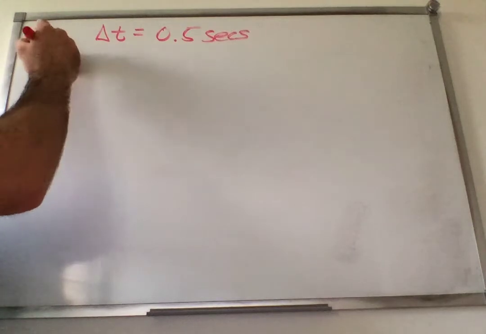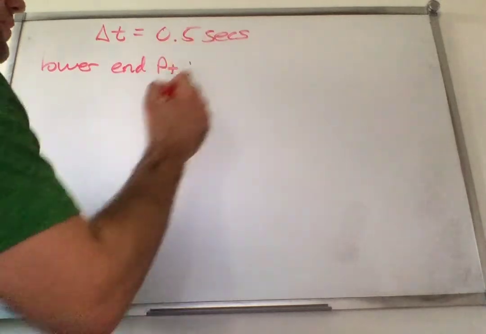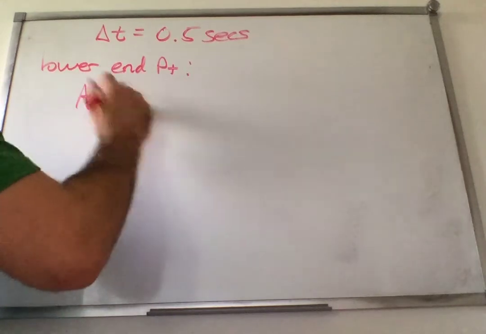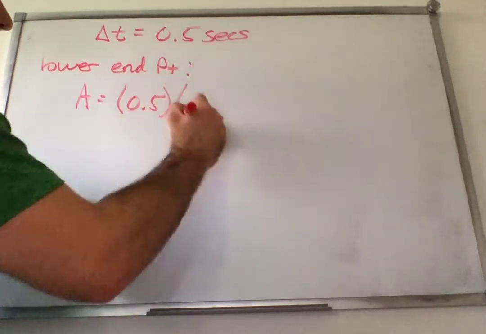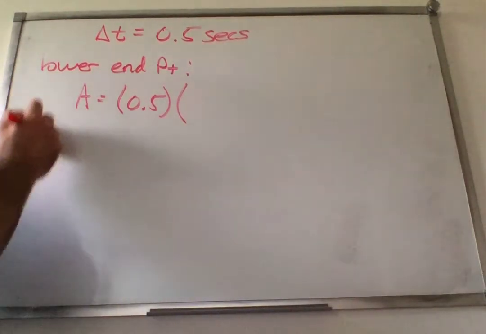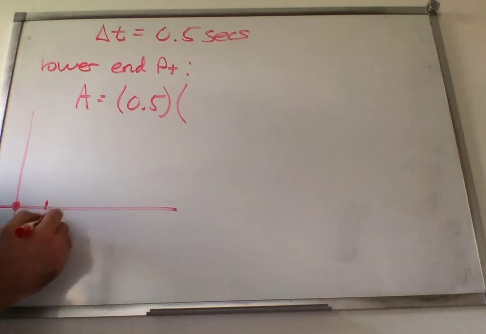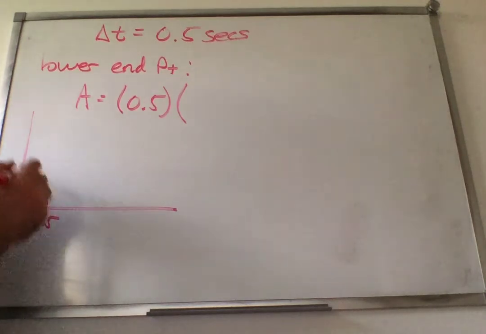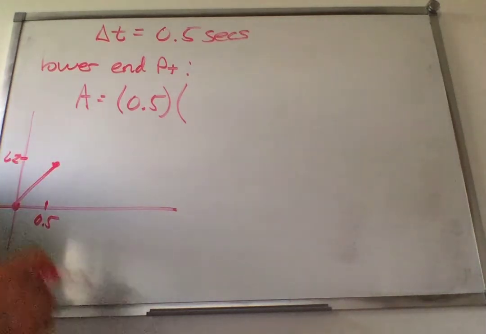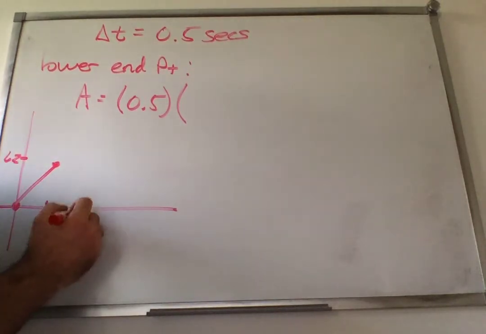So when we find, let's do a lower endpoint, the area is equal to delta t, which we know is 0.5, times. Now they give you the function values, okay? We could draw this on a graph. At 0, she's at 0. At 0.5, she's at 6.2, wherever 6.2 is. So like that. So it goes something like this. It's going to be a choppy graph. Let's see, at 1 second.